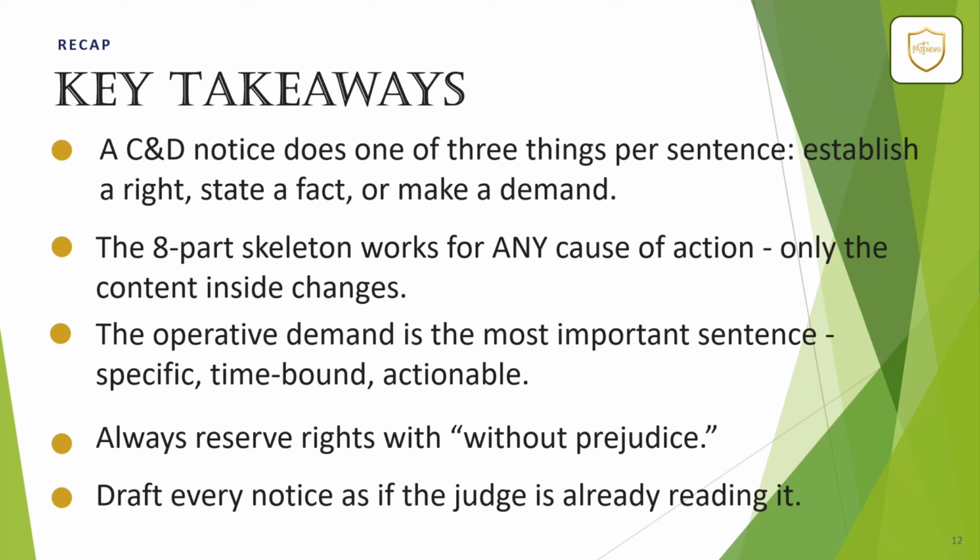The operative demand is the most important sentence, which is specific, time bound, and actionable. So you always reserve rights with without prejudice, and draft every notice as if the judge is reading it, because one day they will be, right?